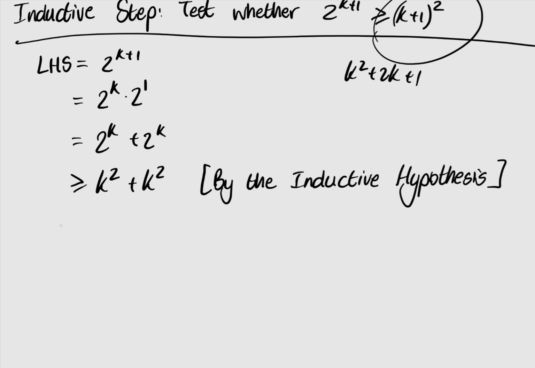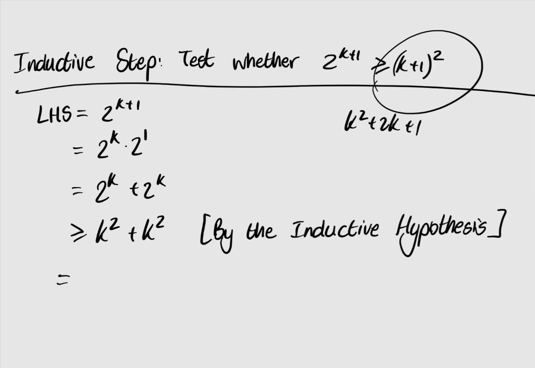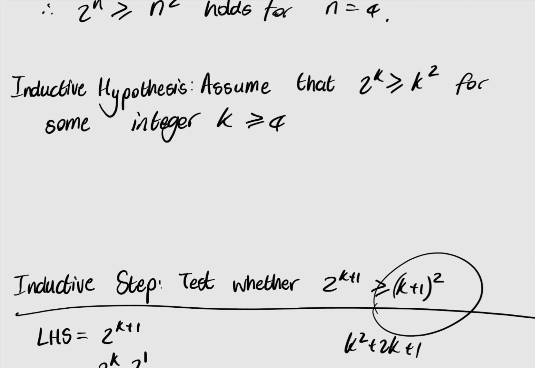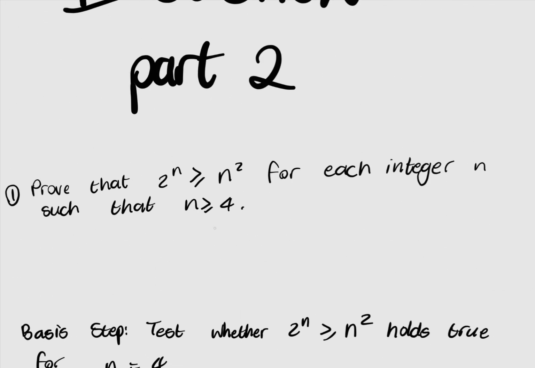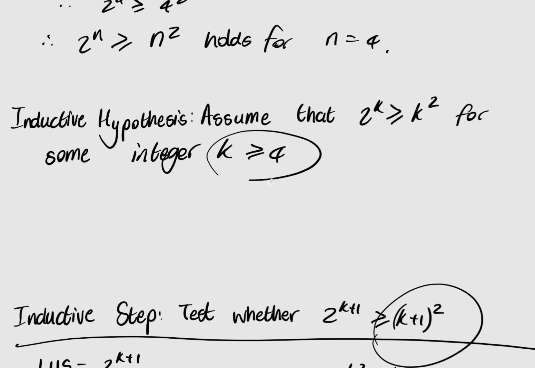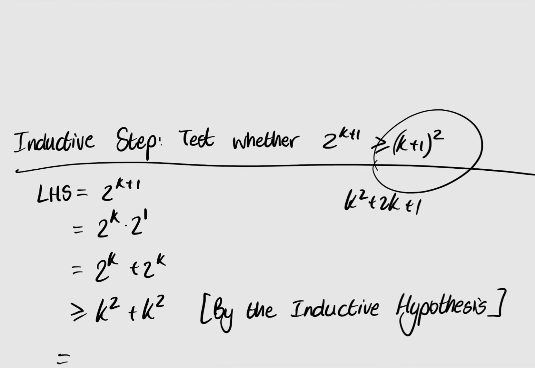Now we have a k squared and we have a k squared there, but we don't have this term. What I want you to get in the habit of doing with these types of questions is looking at all the available information. Going back here, we see that n is greater than or equal to 4. The k is also therefore greater than or equal to 4.